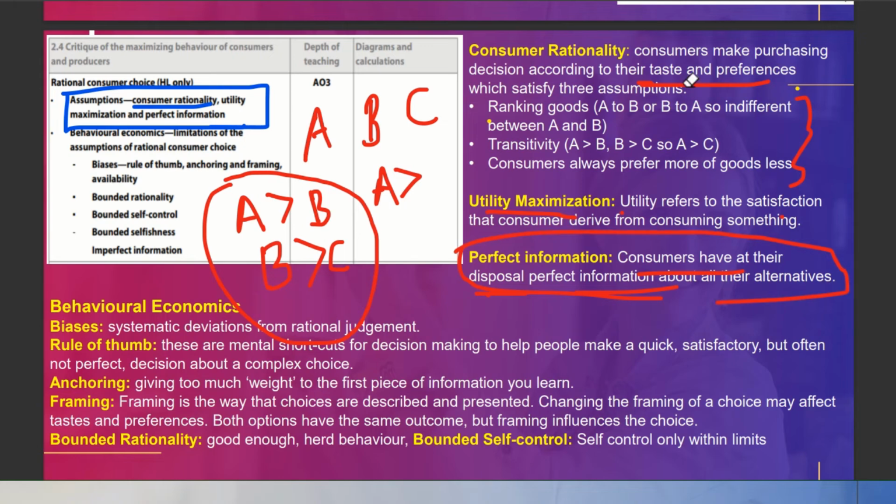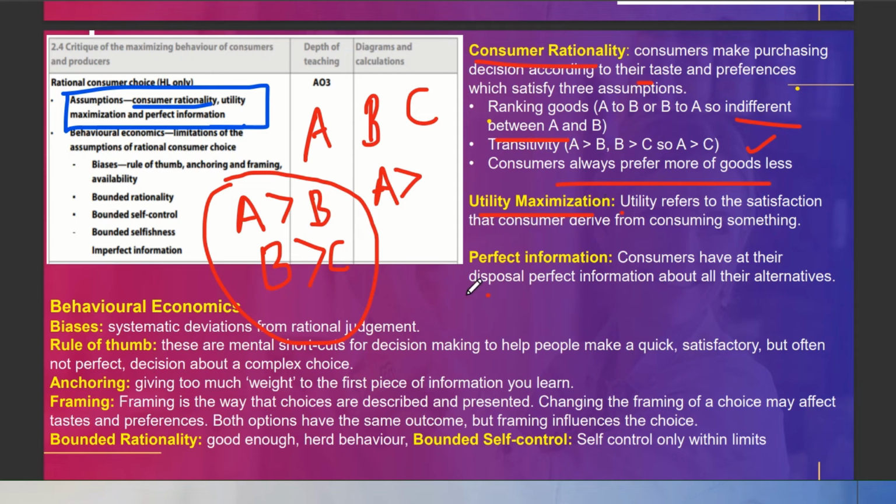So the three important assumptions of rational consumer behavior are: first, the consumer behaves rationally, being indifferent between certain cases, with transitivity behavior, and more goods are preferred to less. Next is utility maximization: the consumer always wants to maximize their satisfaction.